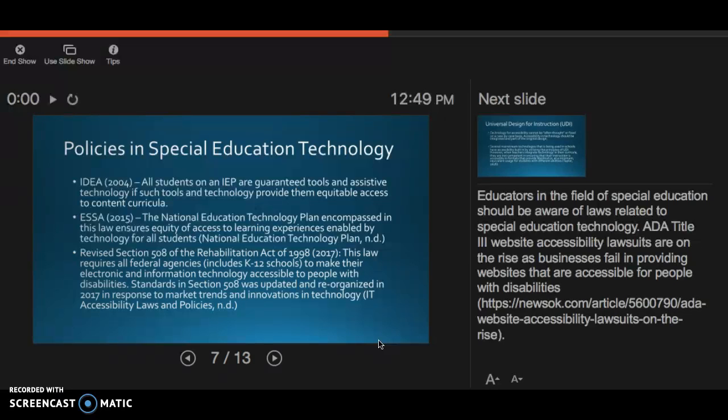The most recent litigation was against Amazon on Kindle being inaccessible for visually impaired individuals. So understanding the laws and what we need to comply with from a technology perspective is important.